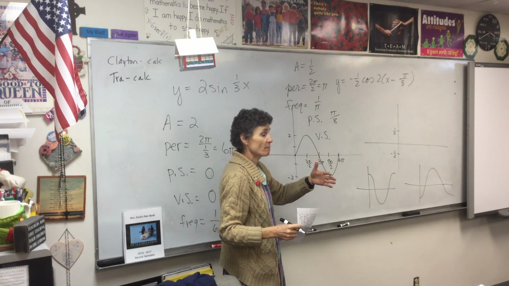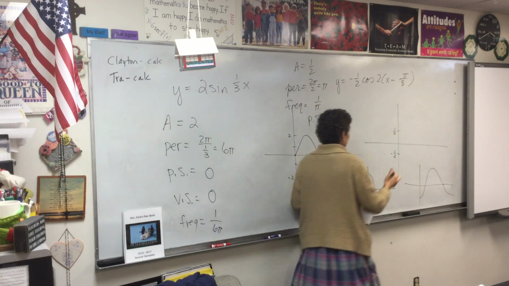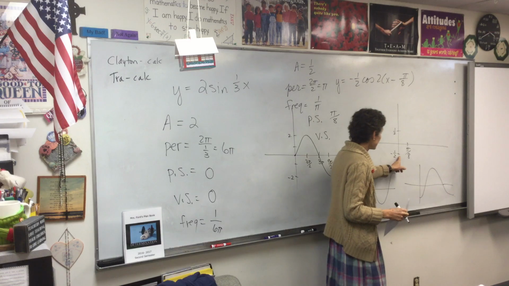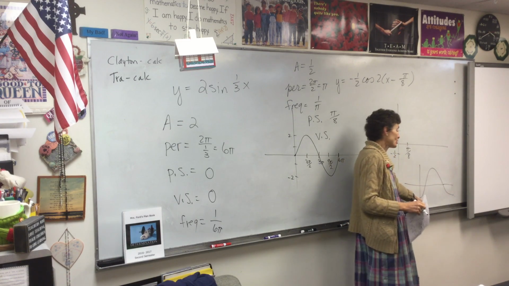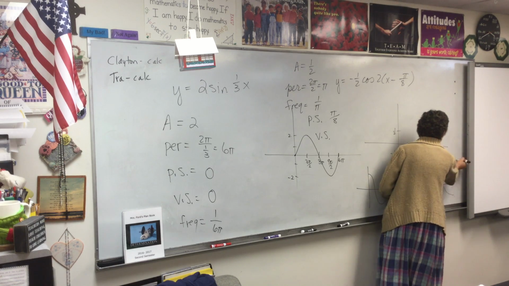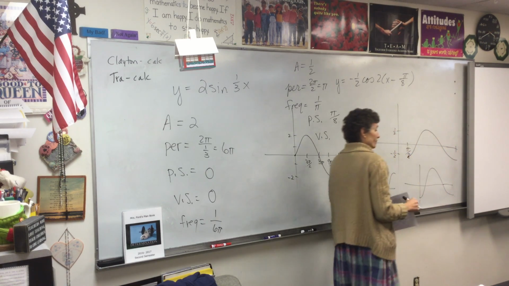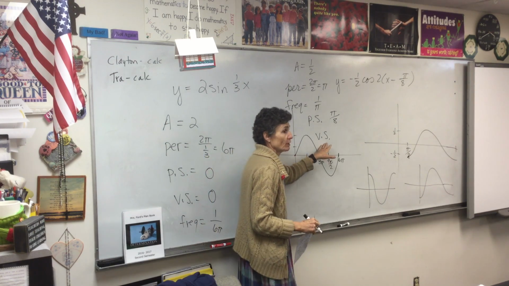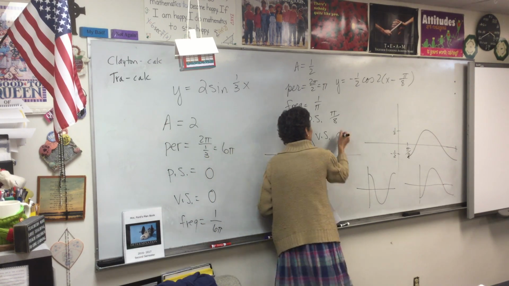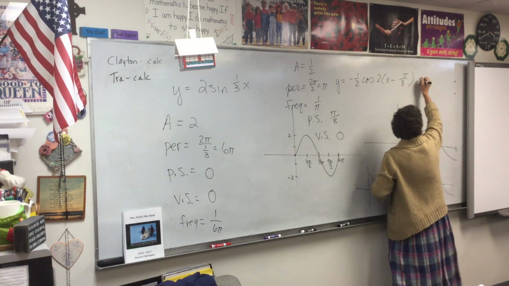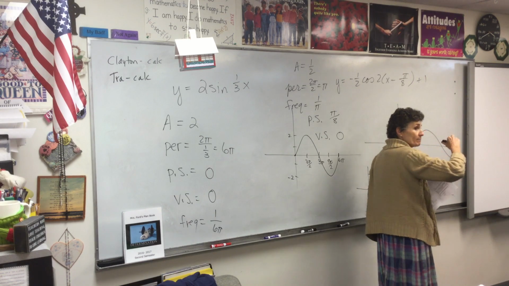We are picking this picture up and moving it so that instead of starting at 0, where it's supposed to start, it's going to start here. What about vertical shift? We do not have one because there is nothing added. There's no like +1 or something at the end, right?